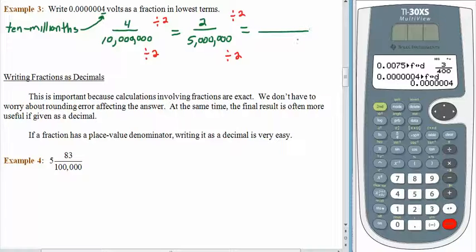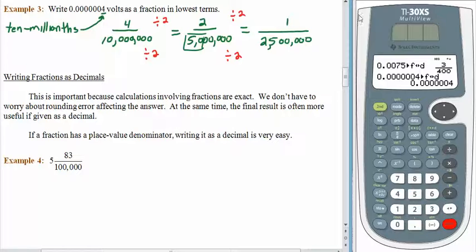That would have been faster, but this isn't wrong. 2 divided by 2 is 1. 5 million divided by 2, let's see, we'll focus here on the 50. 50 divided by 2 is 25, and then keep all the rest of the zeros. 2,500,000. There we go. There's the fraction the calculator didn't want to show you. And really, it wasn't all that hard.